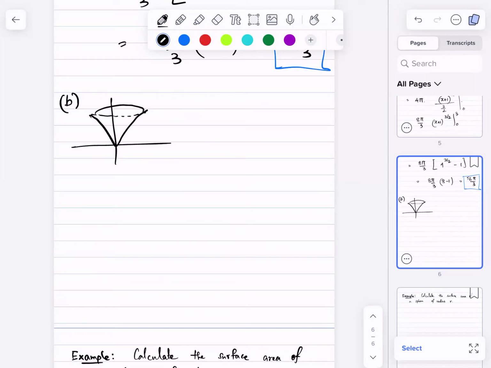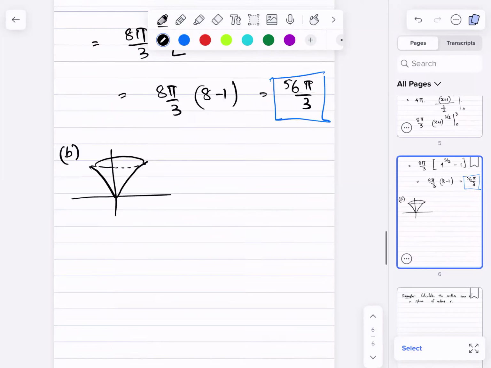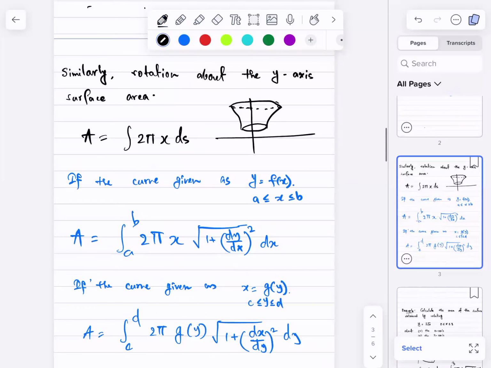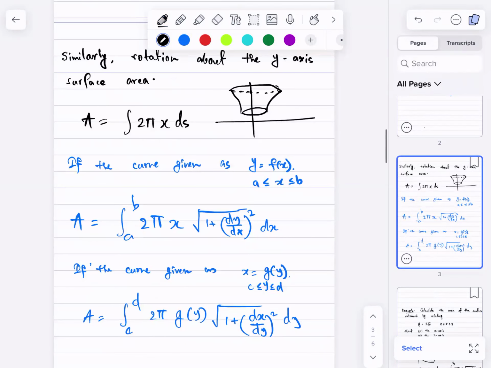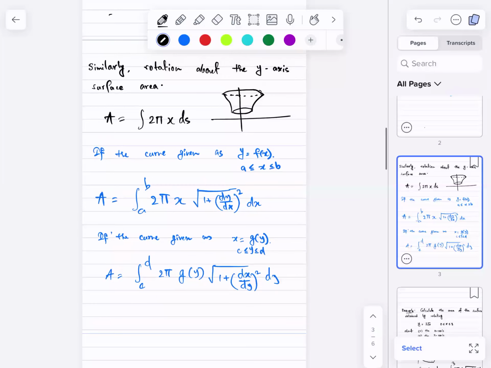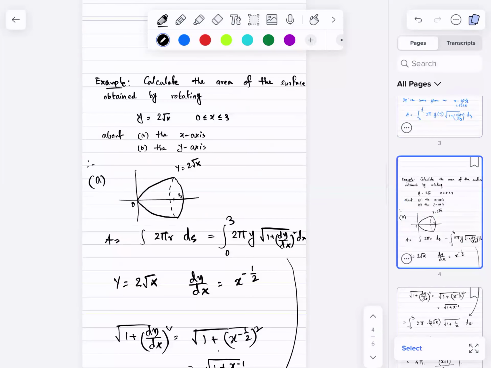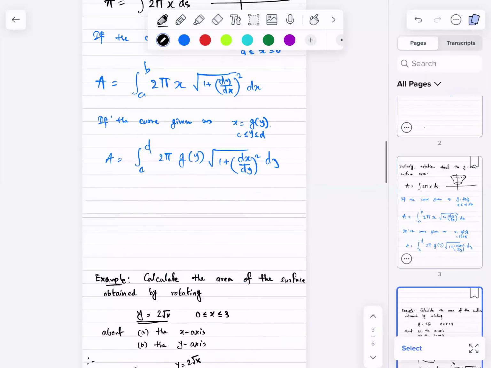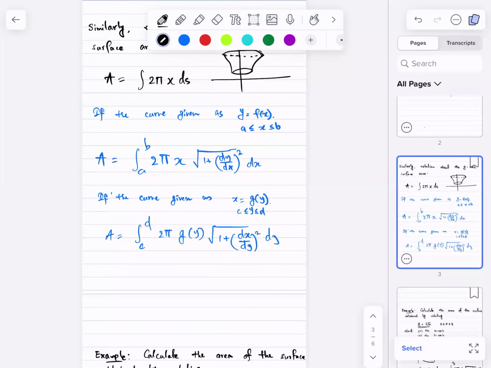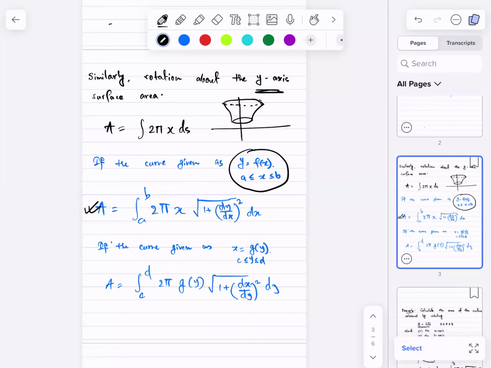This is not symmetric, but fine. Again, going back to rotating around the y-axis, I have the formula given with y as f(x), so I have to use this formula, where y is given as f(x) and I'm rotating around the y-axis.